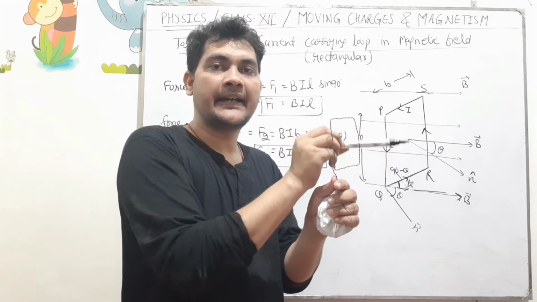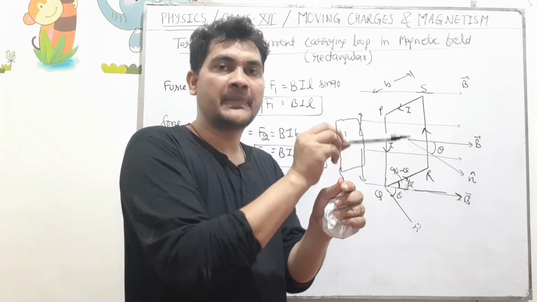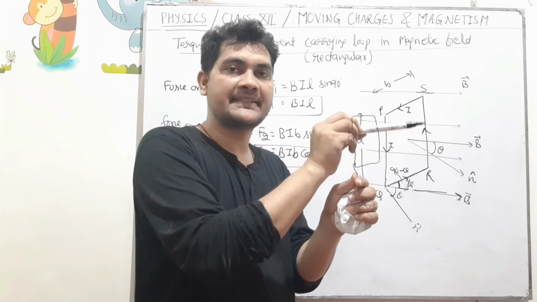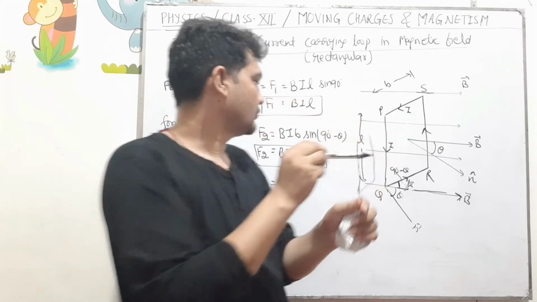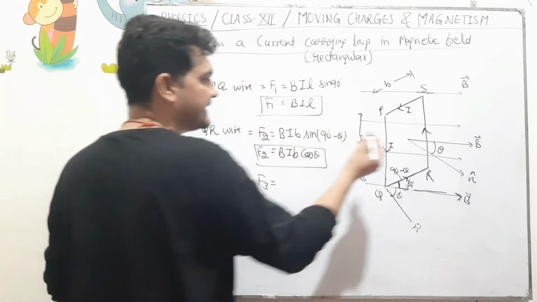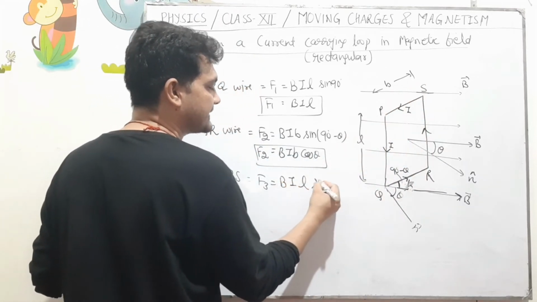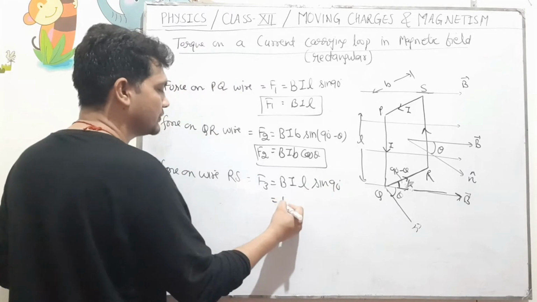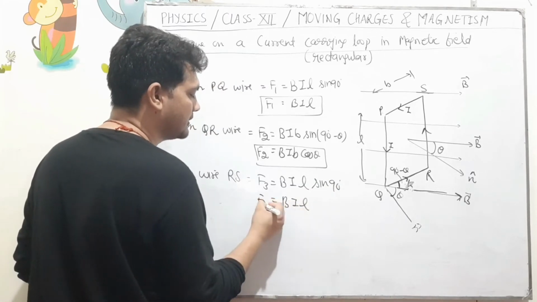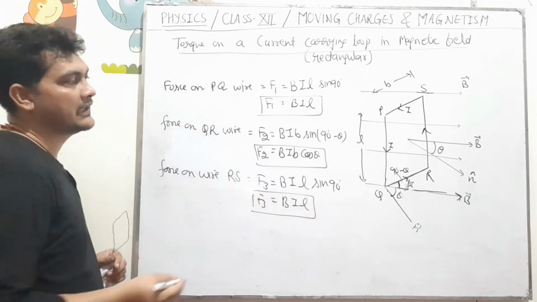You can see I am sliding the marker over the wire and the angle is 90 degrees. So you apply BIL sin theta for this RS wire: B magnetic field, I current, length L, and sin theta. Theta is 90 degrees, so the force is BIL. This is the force on wire RS.